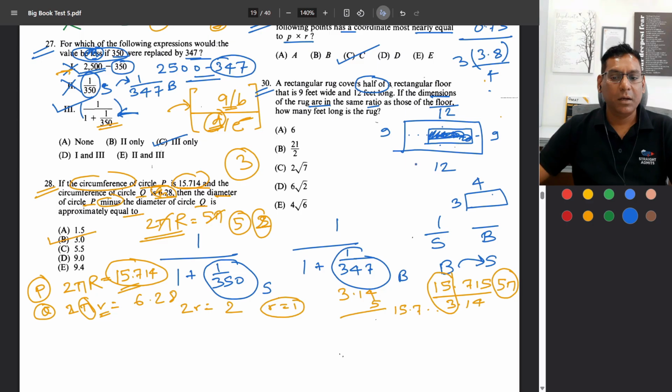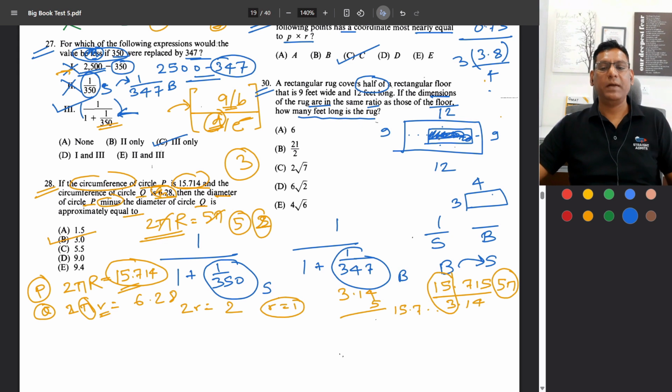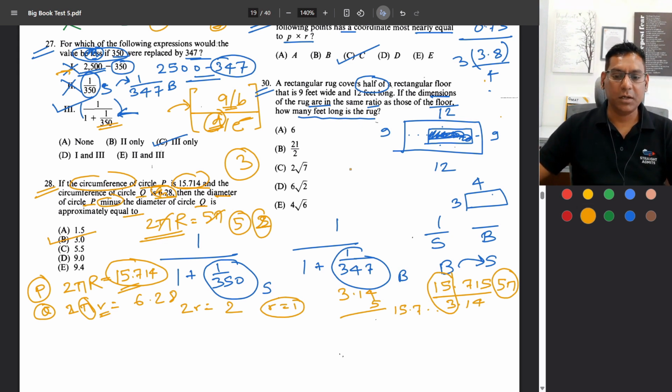Okay, all right. How many feet long is the rug? So basically they are asking us to find the dimensions of the rug. So let's say the dimensions of the rug are, this has to be 3 by 4 now, so 3x by 4x.